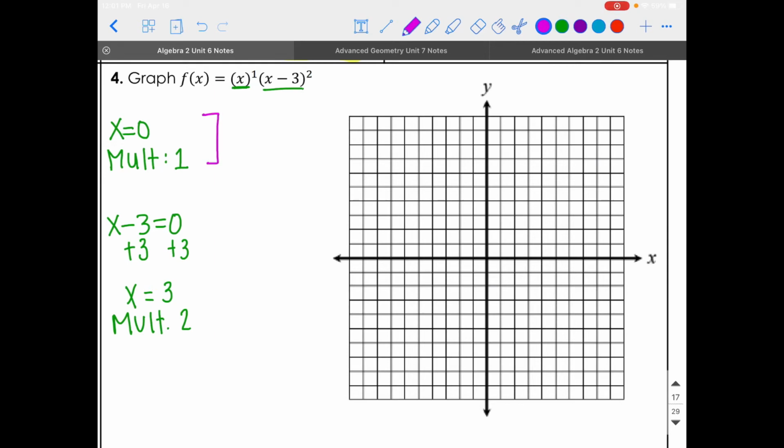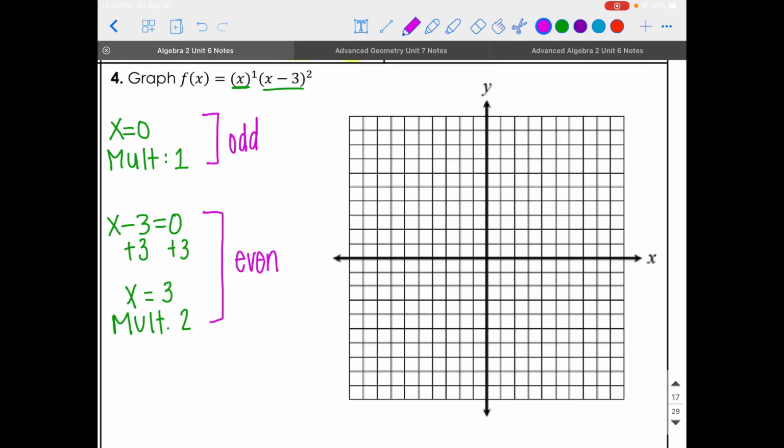And we're going to be looking at the multiplicity. Is it an odd number or is it an even number? Well, in the first one, the multiplicity is 1. That's an odd number. In the other one, the multiplicity is 2, an even number. So let's just look at the graph. We won't have to be precise.